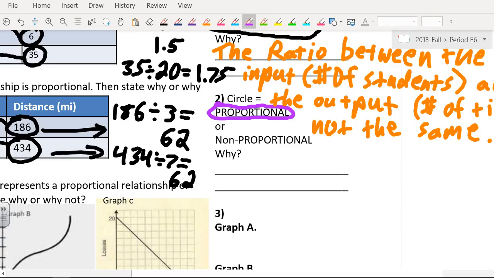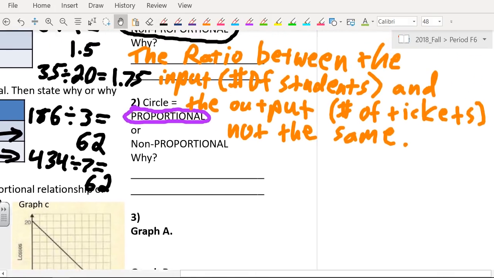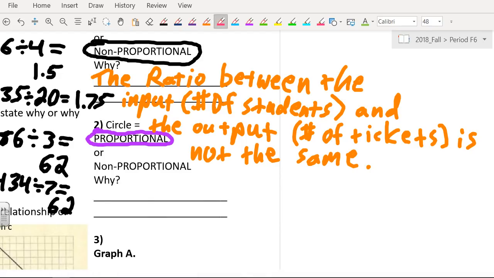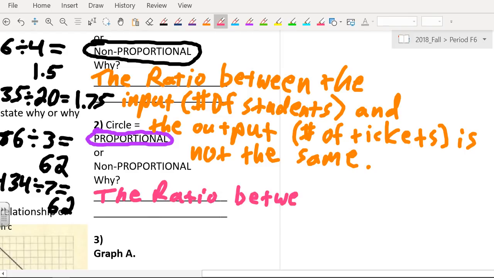So you want to help us out? Okay. Why is it that it's proportional? Because the ratio between the output. Okay, hold on. The ratio between, let's start with the input, which is the number of hours.